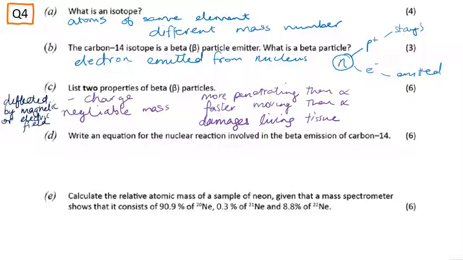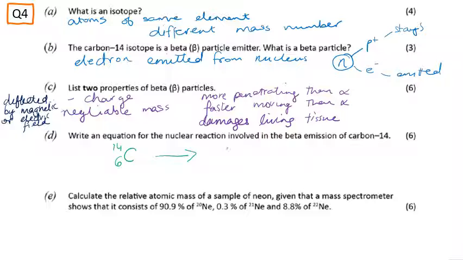Next, writing our equation. So carbon-14 looks like this, carbon-14, and its atomic number is 6. What we are changing about this is we are removing a neutron and making a proton and an electron.